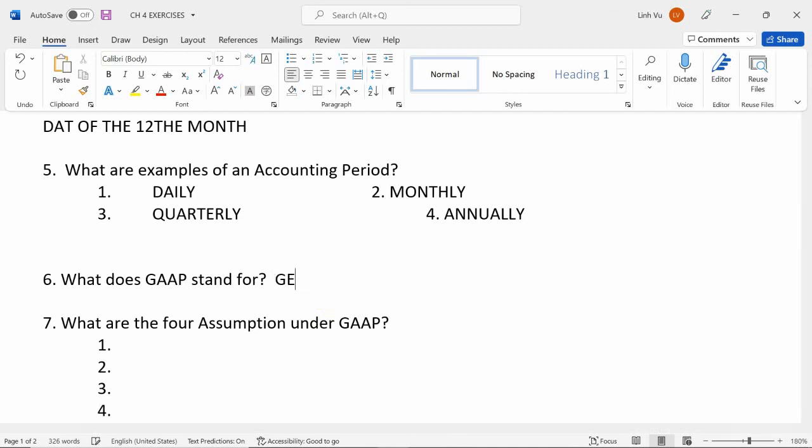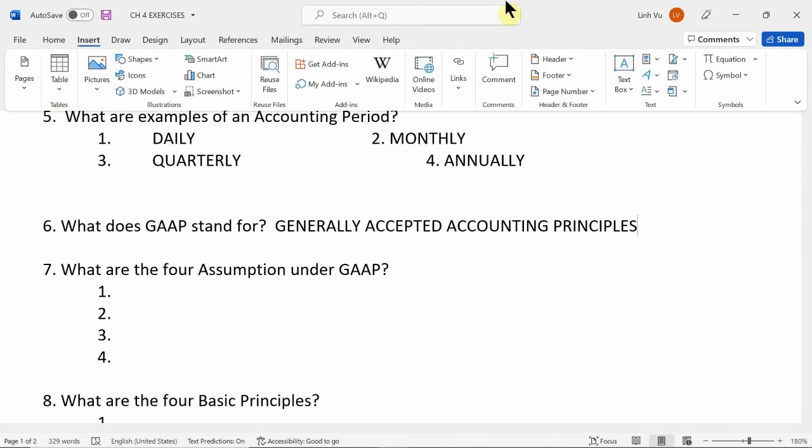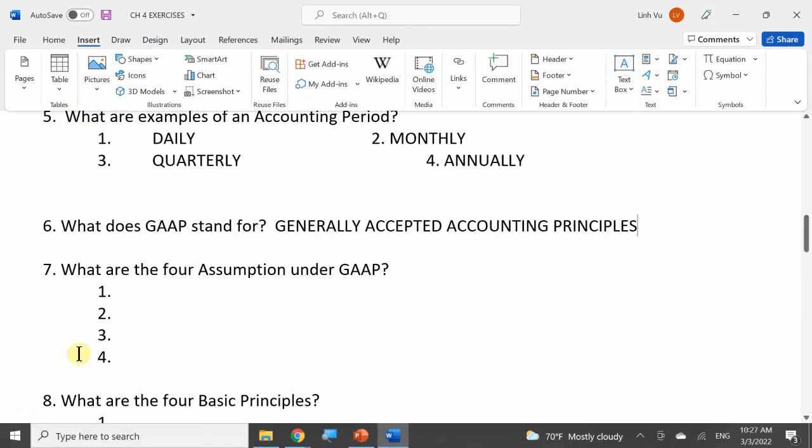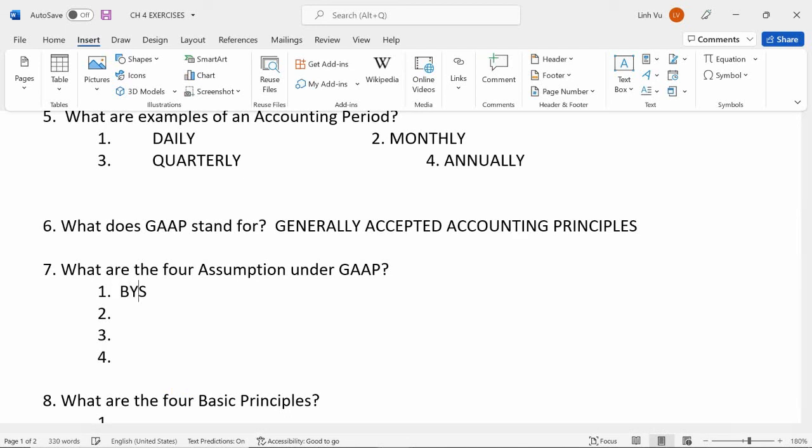Generally accepted accounting principles. Number 7. Okay. What are the 4 accounting assumptions? Business or economic entity. Okay.